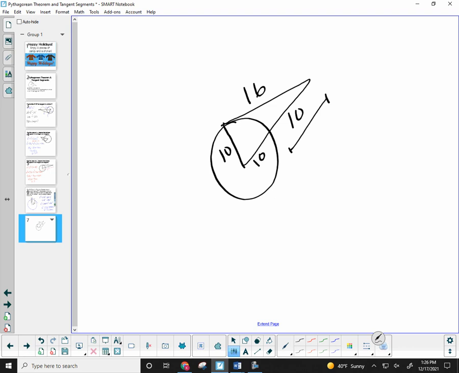Because if you know the whole length and you subtract the radius, then you have just that part left outside your circle. Otherwise, you might end up doing the quadratic formula on it. All right, so start on that.